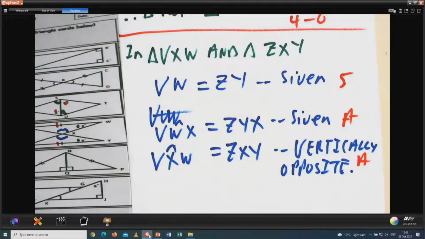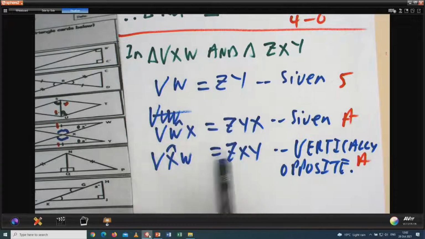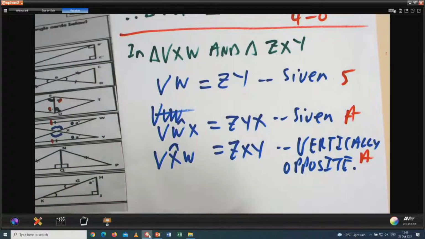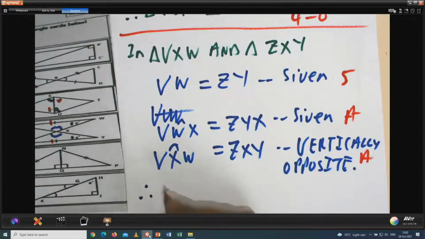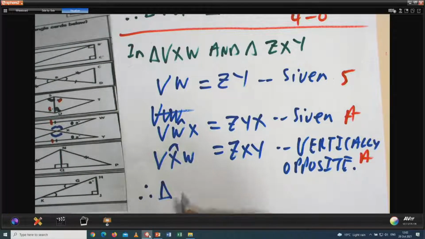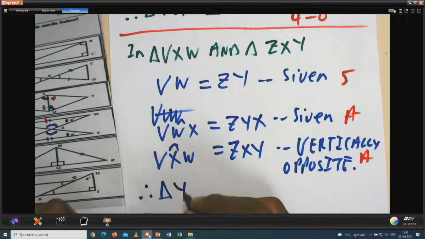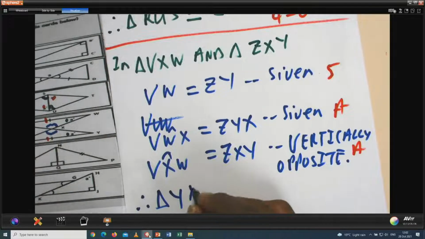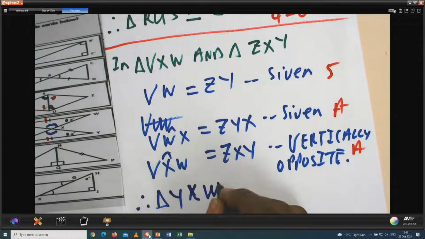So now we've got three conditions, 1, 2, 3. We can now safely say, therefore, triangle VXW, remember the order must be corresponding.